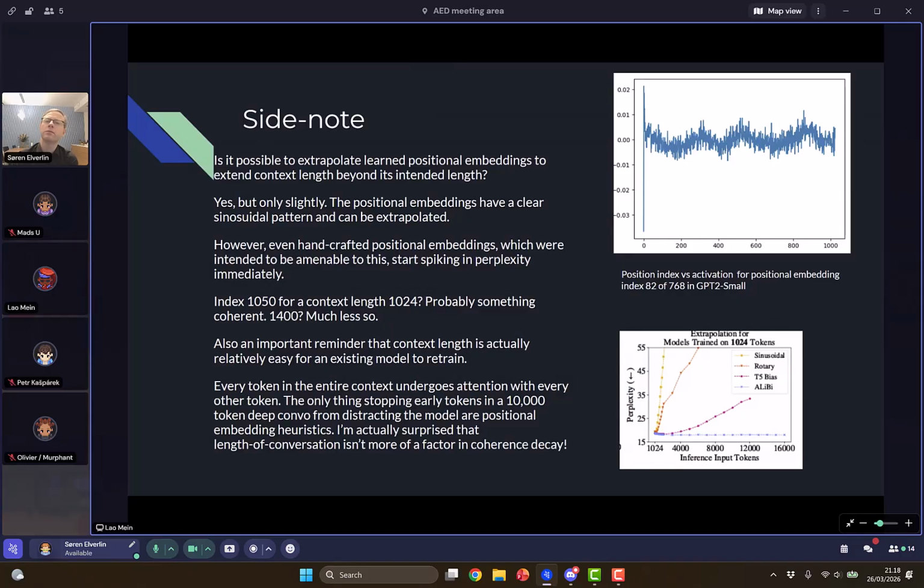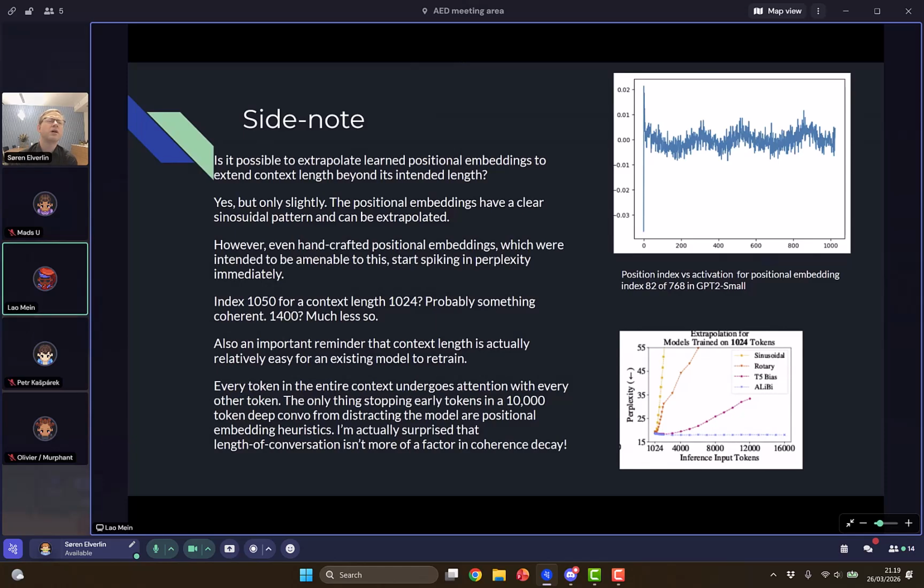And if you look at that particular chart on the top, oh, you guys can't see my mouse. Okay, cool. So the positional index. This is a learned positional embedding, they have one for each of the 768 floating point numbers.